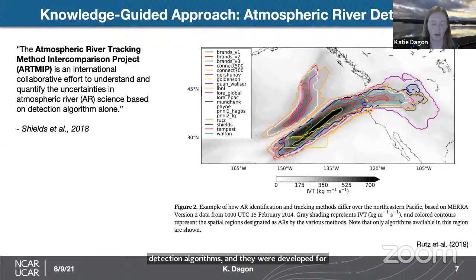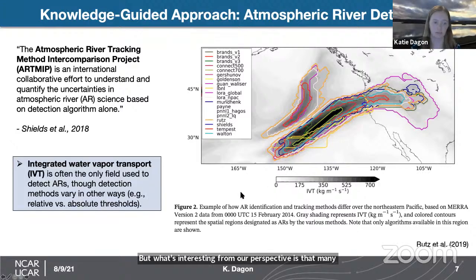So it's not all that surprising that they vary in their spatial extent or definition of an atmospheric river. But what's interesting from our perspective is that many of these detection algorithms are based solely on a single input field, so integrated water vapor transport, or IVT, shown here.